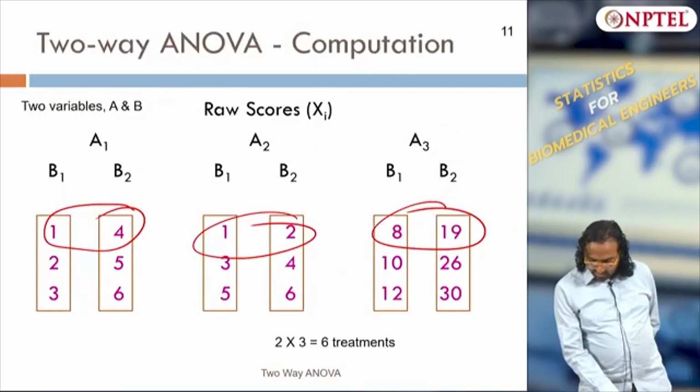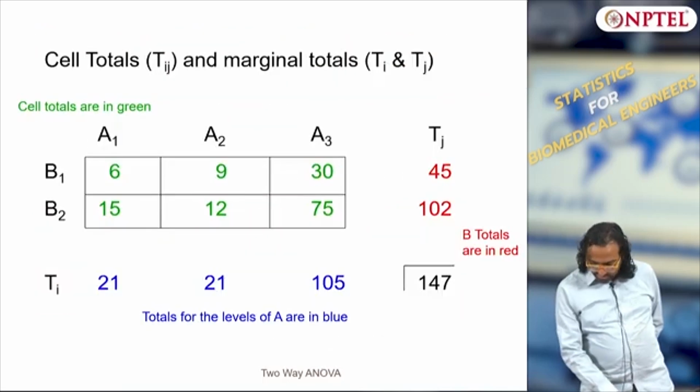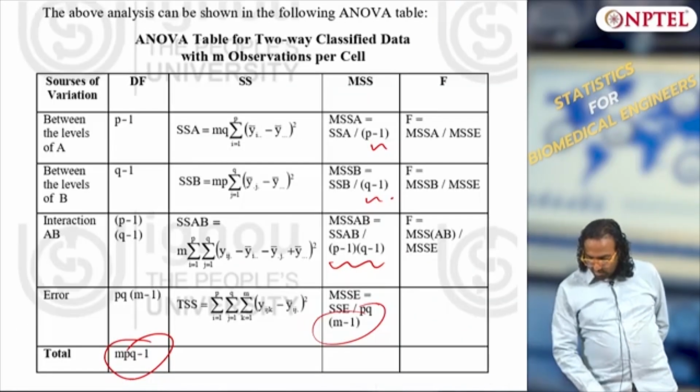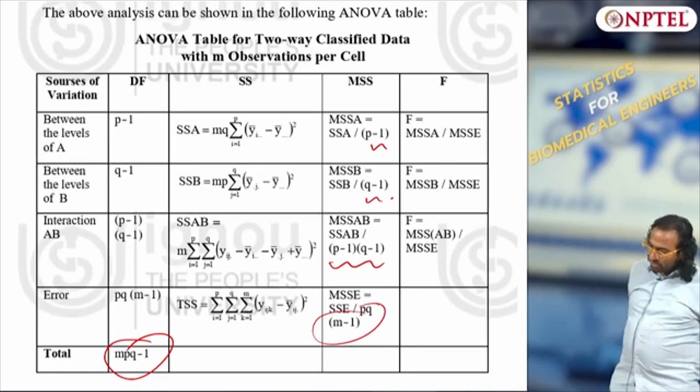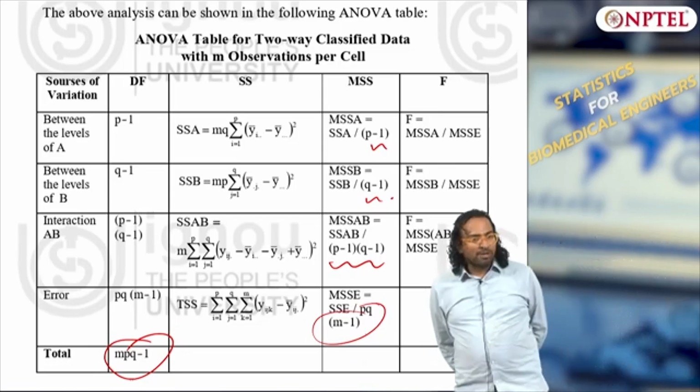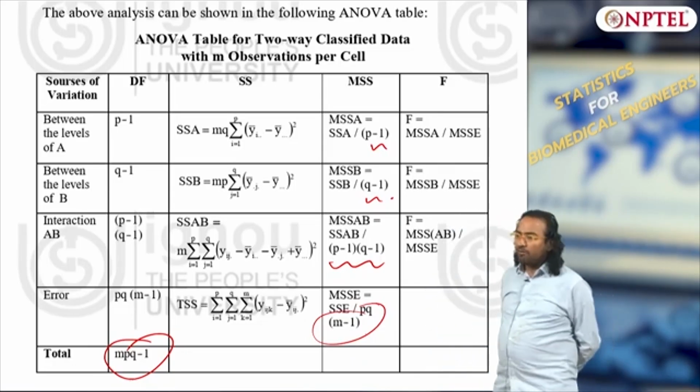So this is given, the cell totals does not matter, okay. So then what do I have to figure out? I have to compute sum squared A, that is mean squared A, basically. The degrees of freedom we know, P minus 1. What is the degrees of freedom of A?